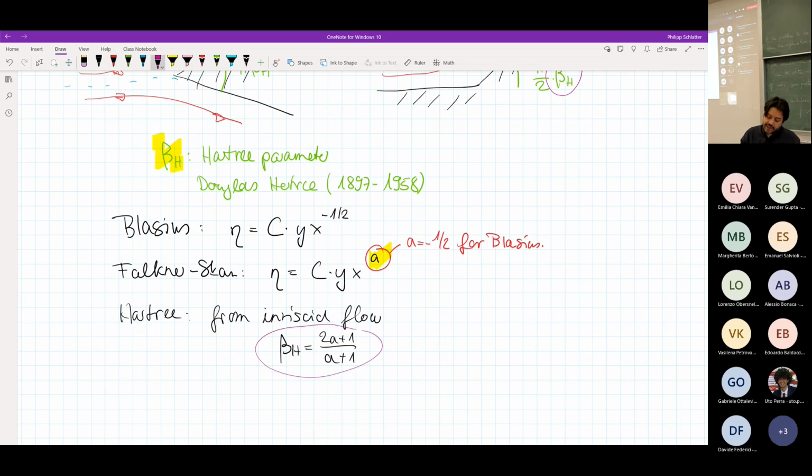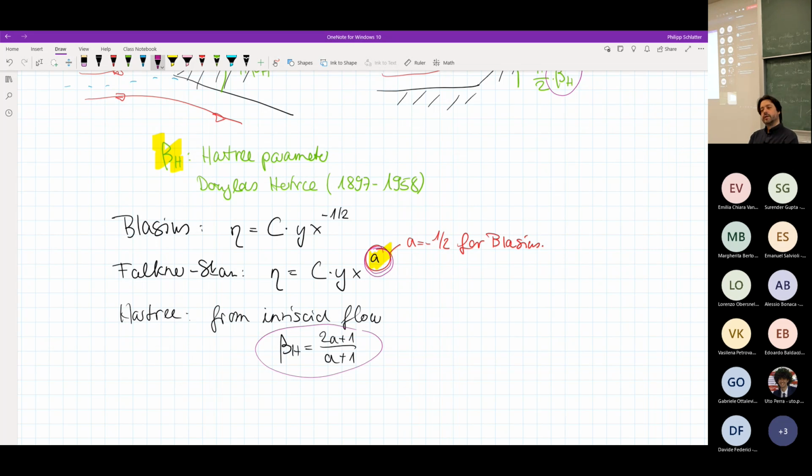So that means for any given beta_h, you can calculate what your a needs to be, and vice versa. So that's the connection why we may be interested in this case. So essentially, what we then get is the boundary layer profile when we have this exponent a. So that's the whole point.